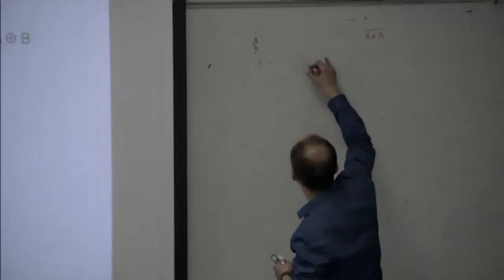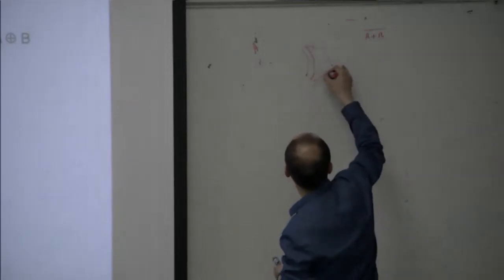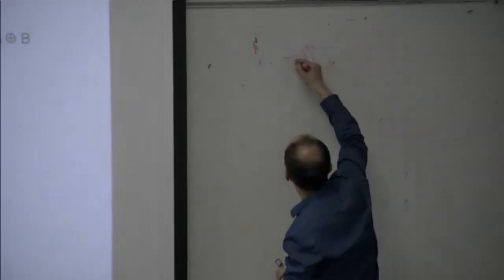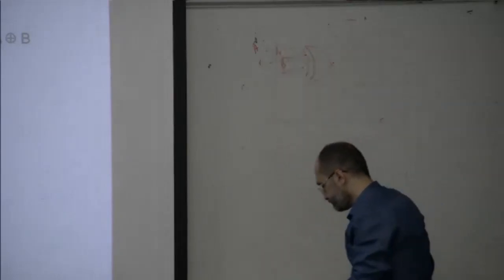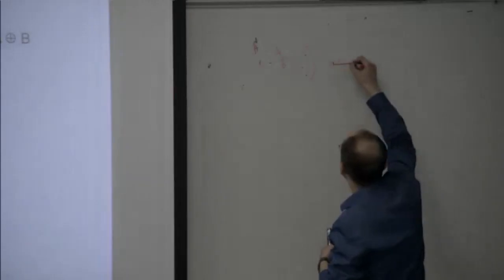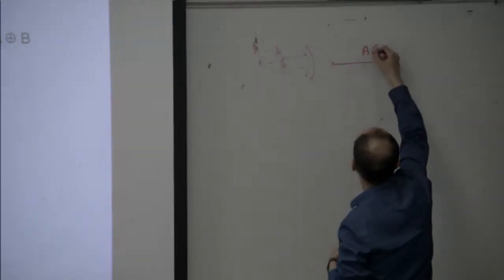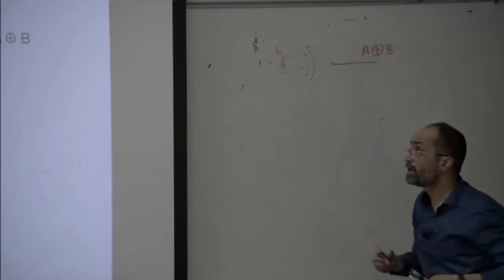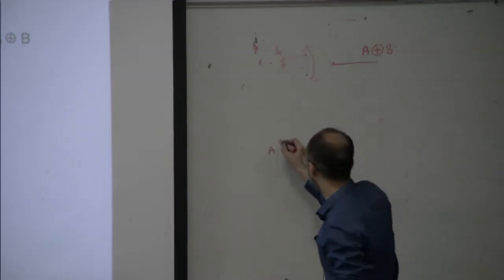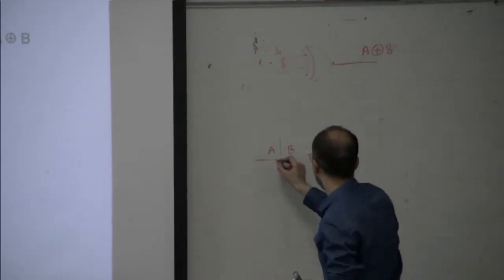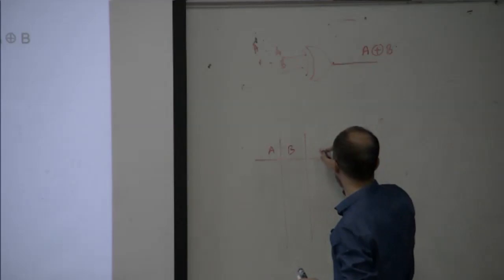This is the XOR gate, and the input is A and B. The output we call A exclusive OR B. So now we have A and then B, and A exclusive OR B.